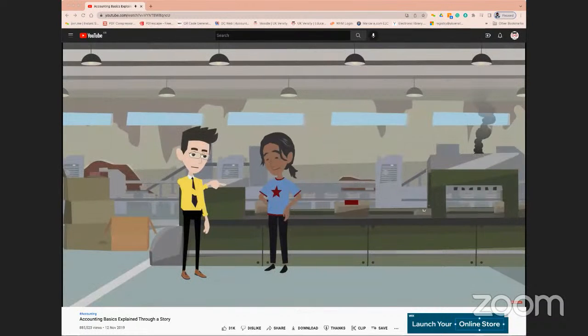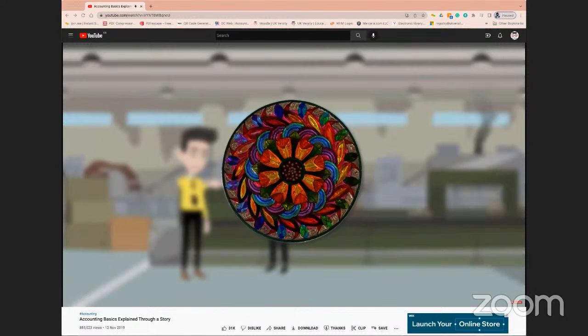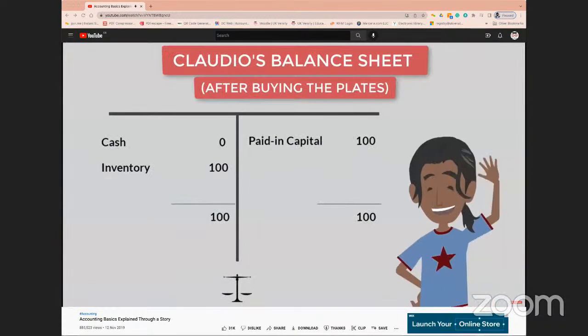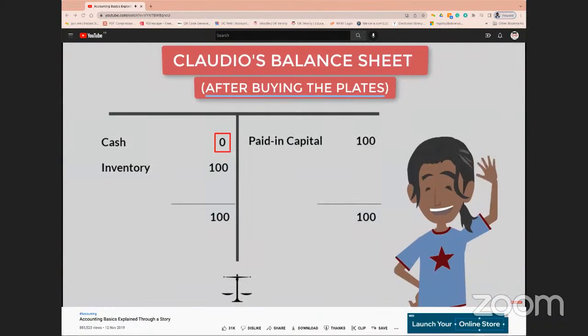Then he spent the cash in the morning to buy the colorful plates. The plates are what we call his inventory. In the process, his cash got reduced to zero, but in exchange, he received another asset, inventory. He didn't get richer or poorer by that, right? The total amount of assets is still 100, and of course, his equity too.